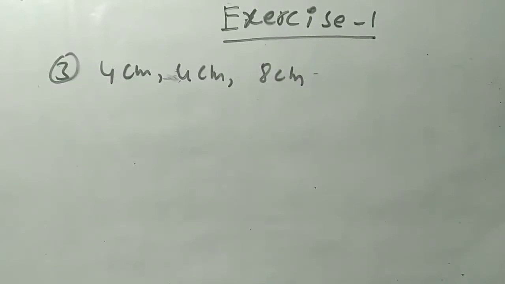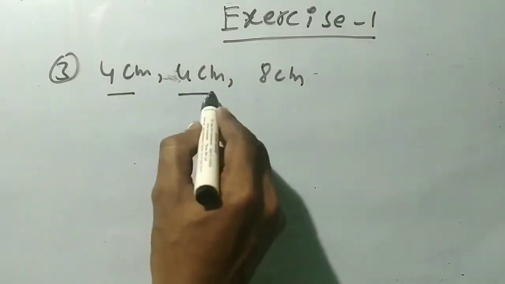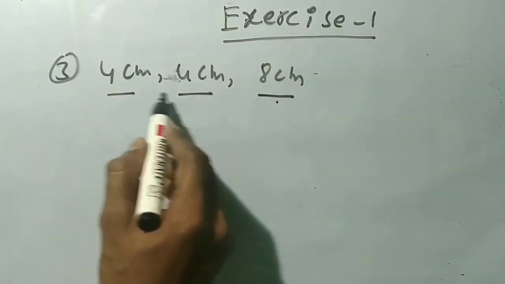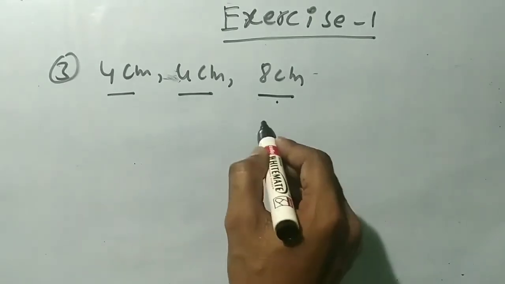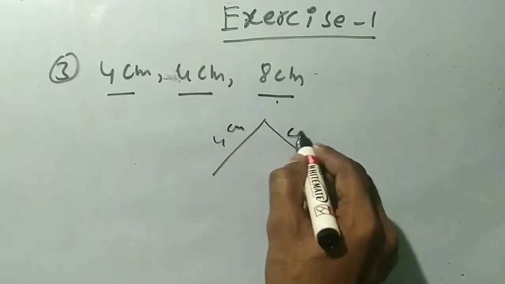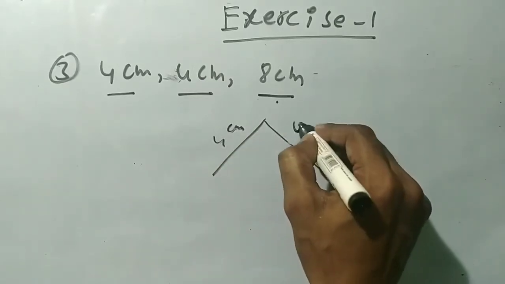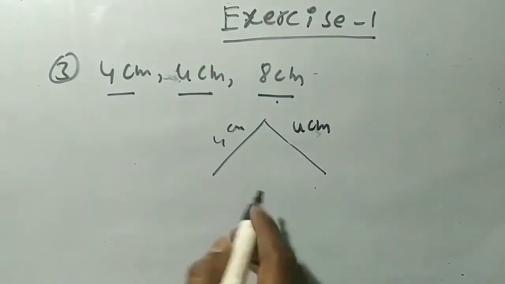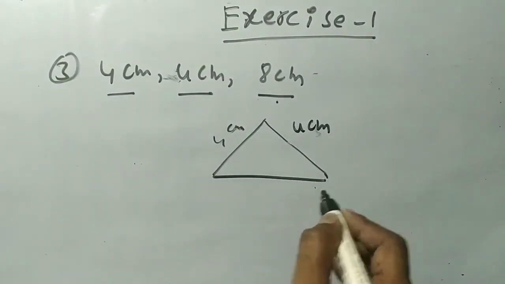The third one is a little bit tricky. That is 4, 4 and 8. So 8 is the one side which is equal to the sum of the other 2 sides. This is 4 centimeters, and this is another 4 centimeters. Actually we have to know here that the third side will definitely be less than the sum of the 2 sides.